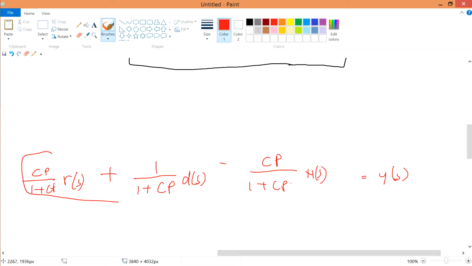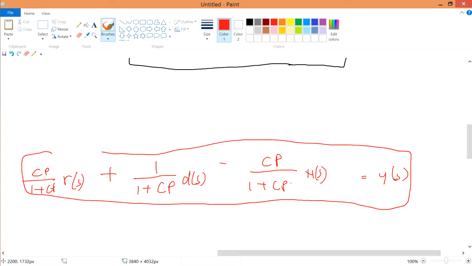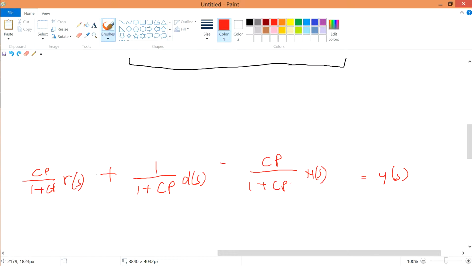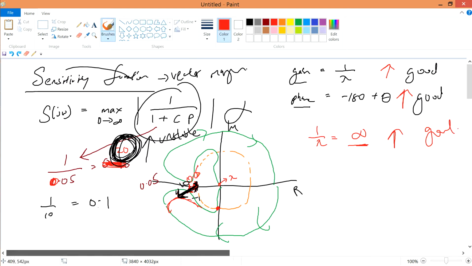Now this is the whole system to represent the output. Okay, and CP over 1 plus CP is what we call the complementary. To introduce 1 over 1 plus CP first, if you take a look, 1 over 1 plus CP is simply our sensitivity function.